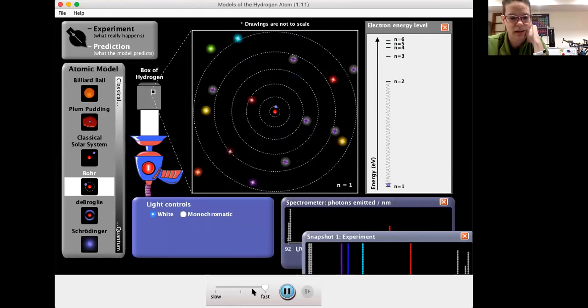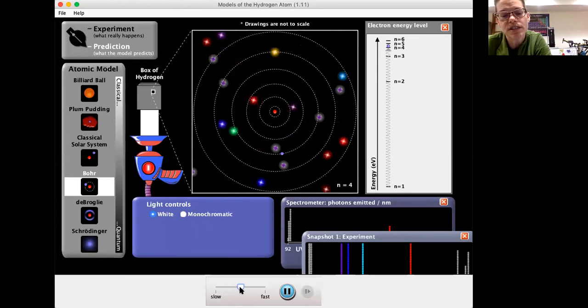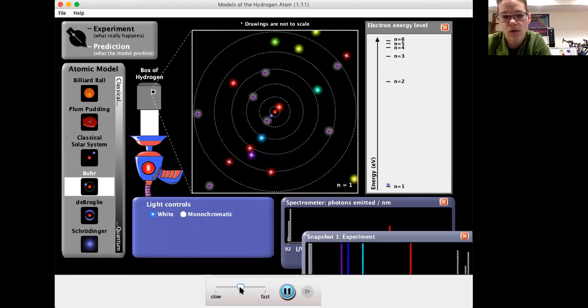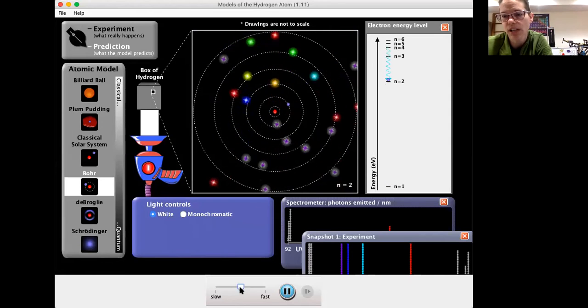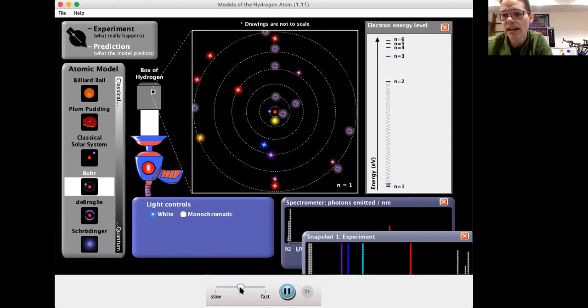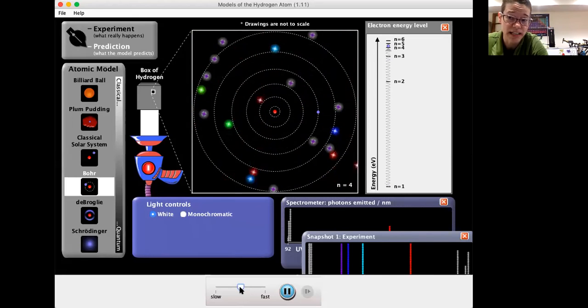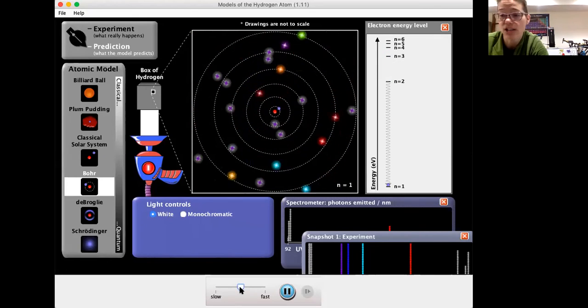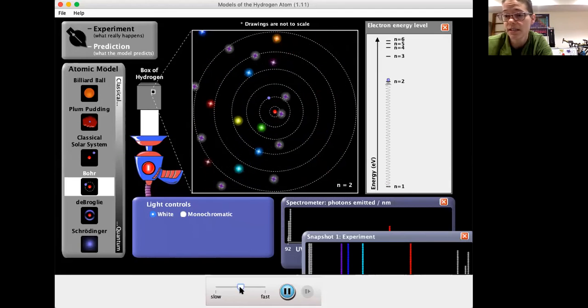So again, let me slow this down just a little bit. The difference between Rutherford and Bohr is Rutherford didn't have a place for electrons. Bohr had a place for electrons. So Bohr could not mathematically explain in any way, shape, or form why these circles were the distances that they were.